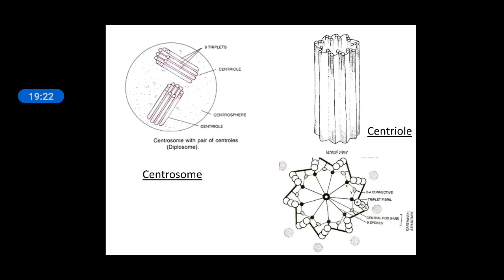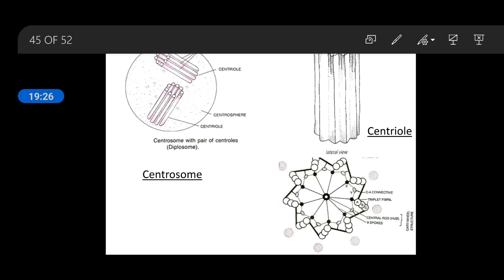So these are the diagrams. The first diagram you can see is the centrosome. In the centrosome you can see the amorphous part. The peripheral line you are seeing is not a membrane.